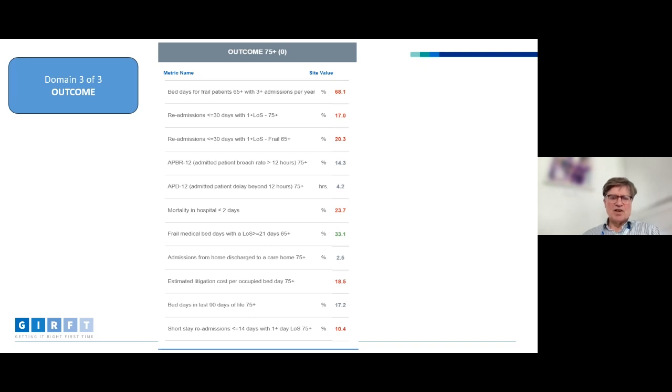Just to note, there are a couple of end-of-life care metrics. There's crude mortality, but also the one below the bottom is bed days in the last 90 days of life as an end-of-life care metric. I should have said at the beginning, if you sign on to SAMIT and SAMIT 75, you will generally just get your own trust, your own hospital, unless you have a national role.